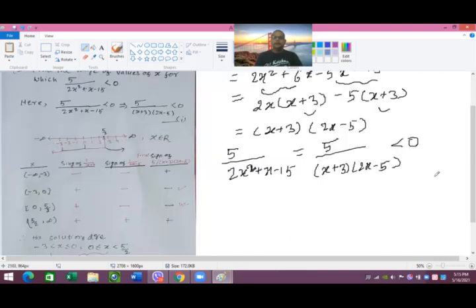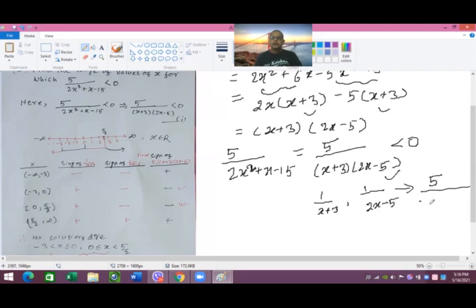Now how do we work with all these things? You can see that it has two components. One component you can suppose is 1 by x plus 3, and another component is 1 by 2x minus 5. Finally you have all together, if you combine this, 5. I haven't introduced 5, so you can write 5 by x plus 3 or 5 by 2x minus 5, both will work, but it can be done at last also. The only thing we have to introduce is 5 over here while combining these two functions.